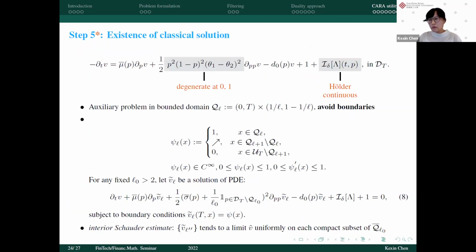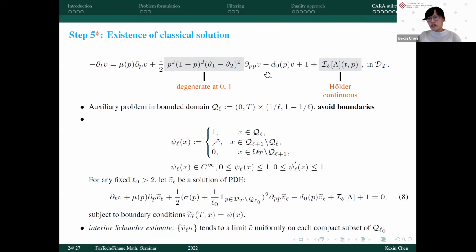Finally, it comes to showing the existence of a solution to the PDE. From step 1, we know that the last term, I delta lambda, is Holder continuous because we proved that lambda is Lipschitz continuous. But we face another difficulty, this part, which degenerates at 0 and 1.